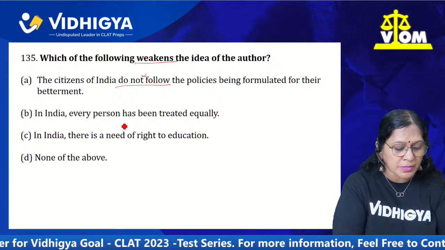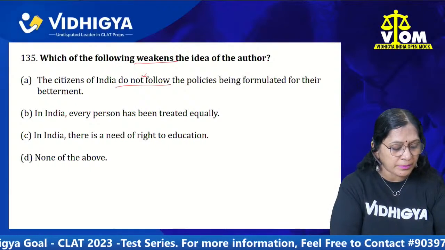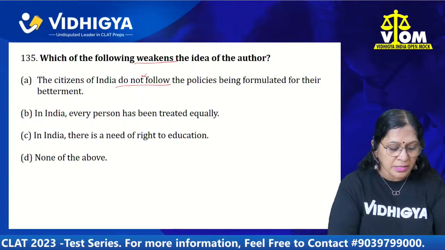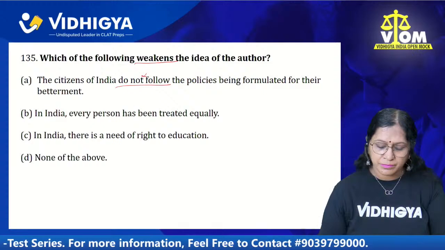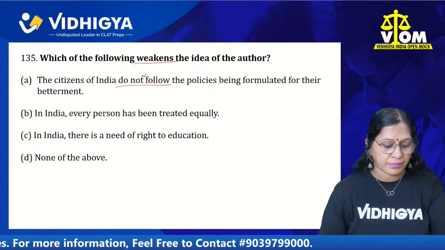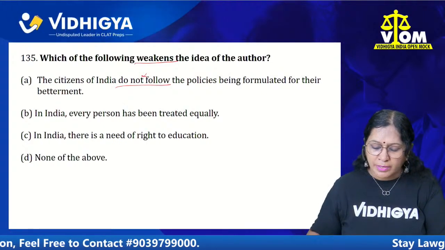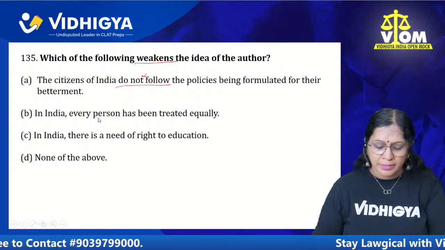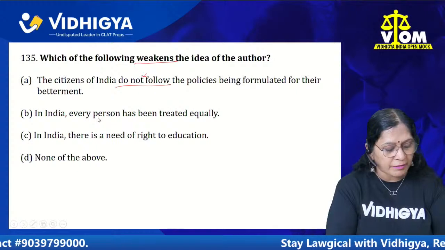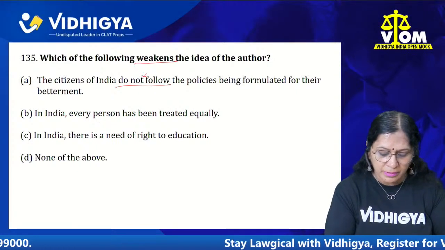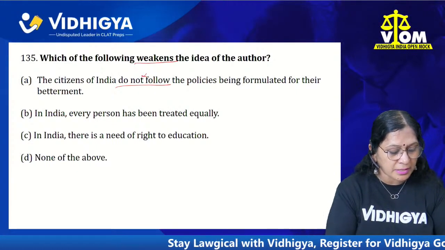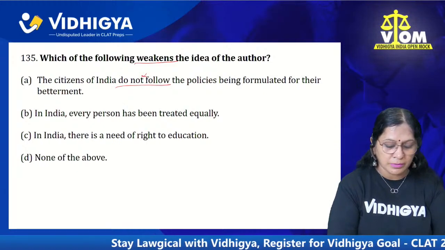In India, every person has been treated equally, and in India, there is a need of right to education. Citizens of India do not follow the policies being formulated for their betterment. In India, every person has been treated properly. No. In India, there's a need of right to education possible.